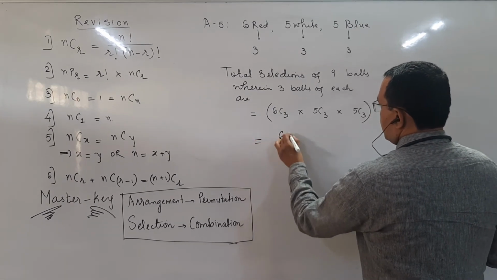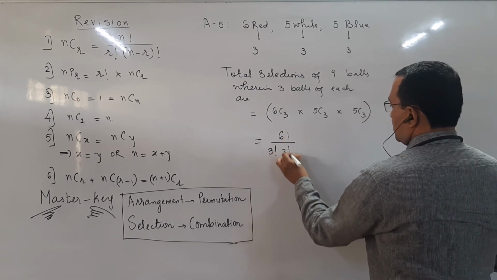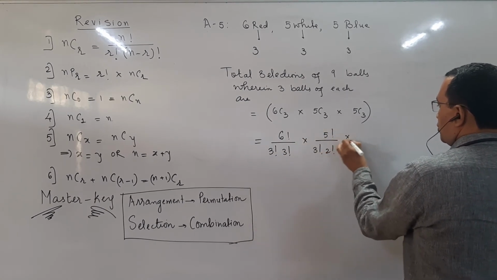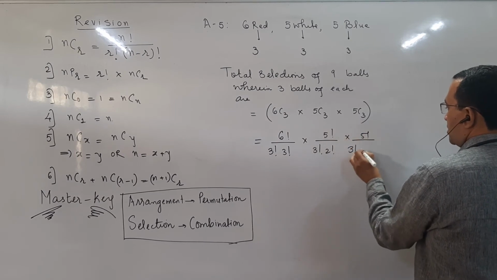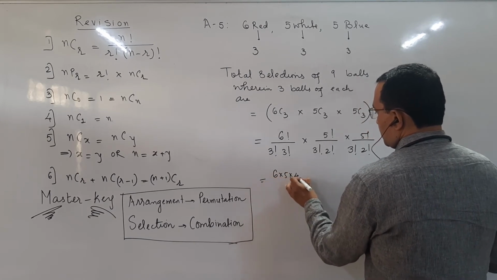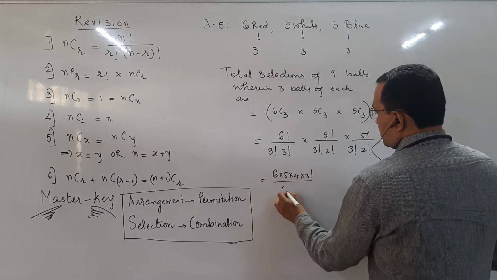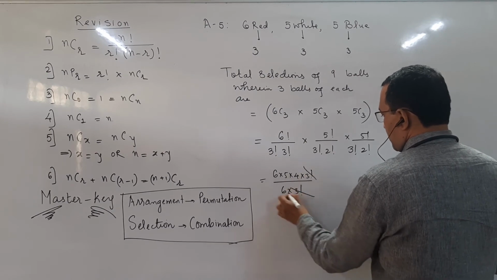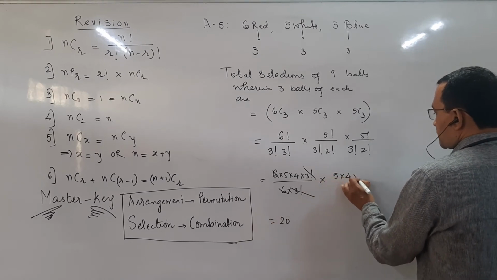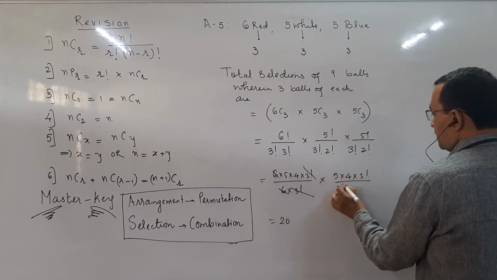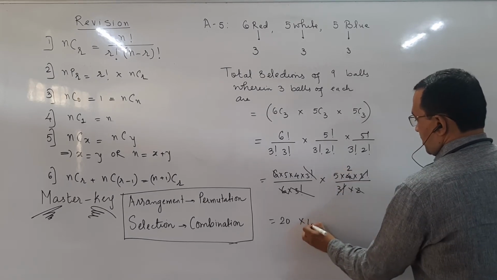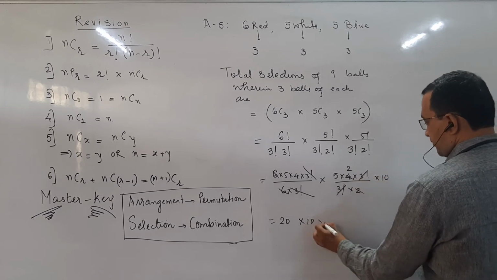So here, 6 factorial upon 3 factorial into 3 factorial, 5 factorial upon 3 factorial into 2 factorial, same with 5 factorial upon 3 factorial into 2 factorial. Reduce 6 up to 3 factorial and simplify, so this is 20. Reduce 5 up to 3 factorial, and 2 factorial is 2, so 10, and similarly this is also 10.